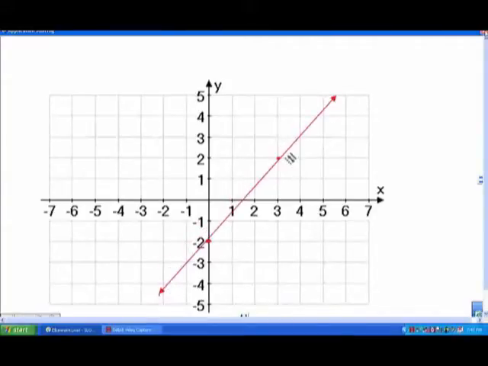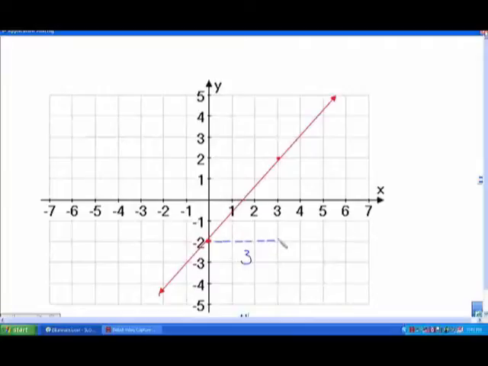And now let's figure out the slope of this line. We'll start at point (0, -2), and we'll go over 1, 2, 3 units. That's a run of 3.